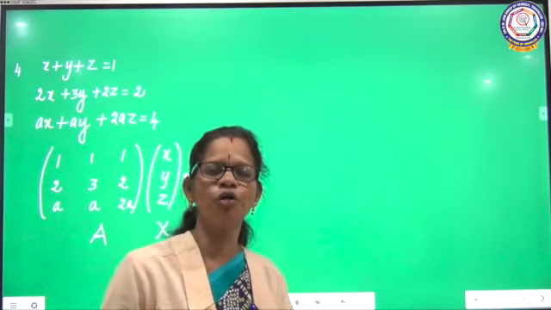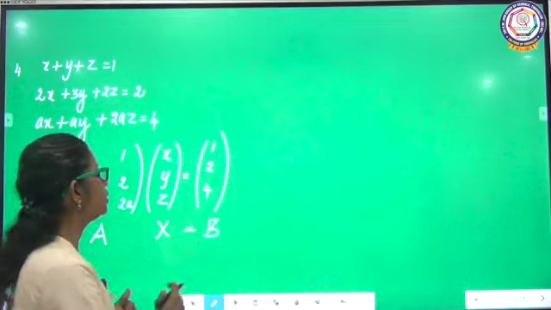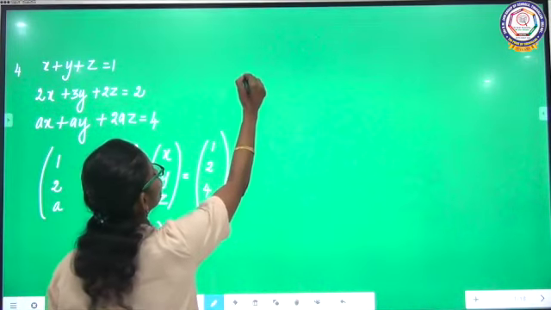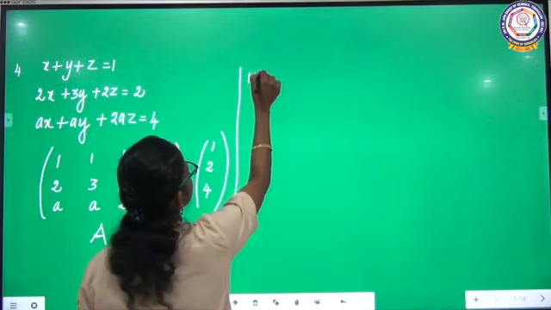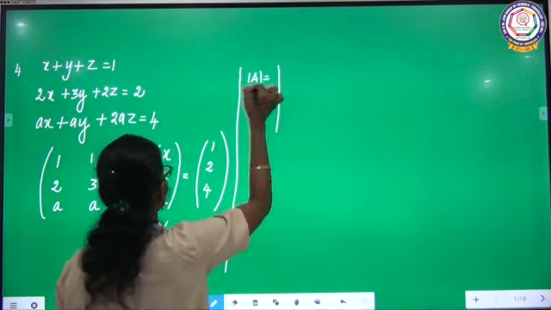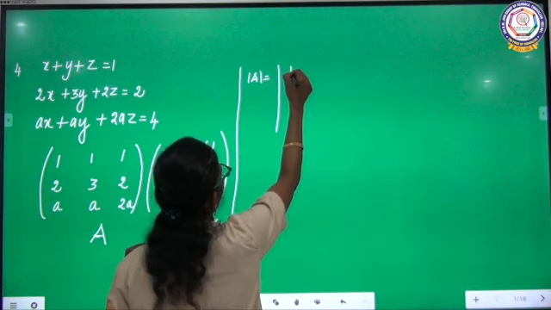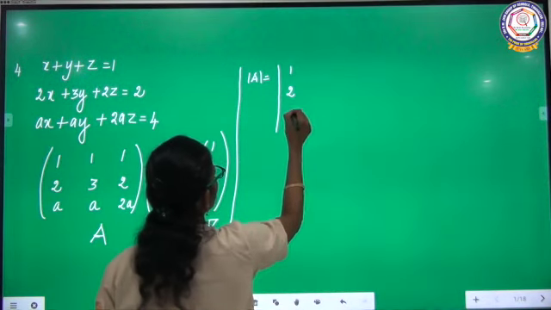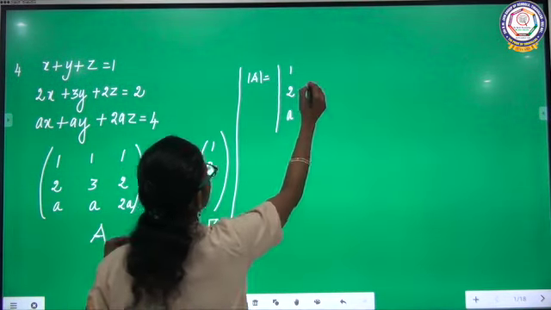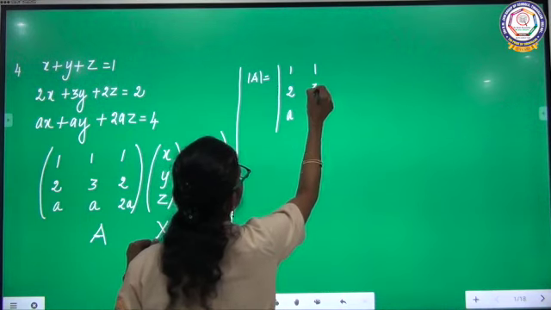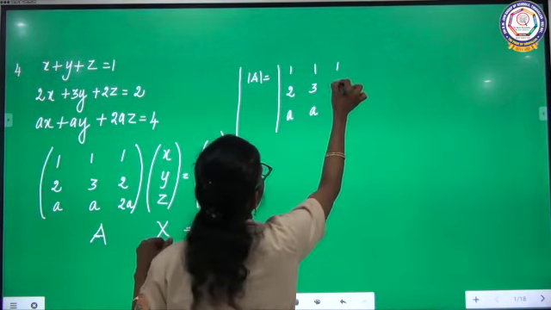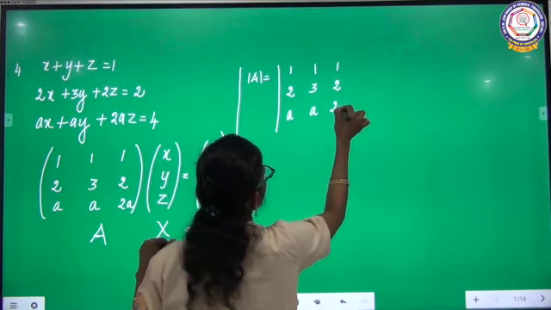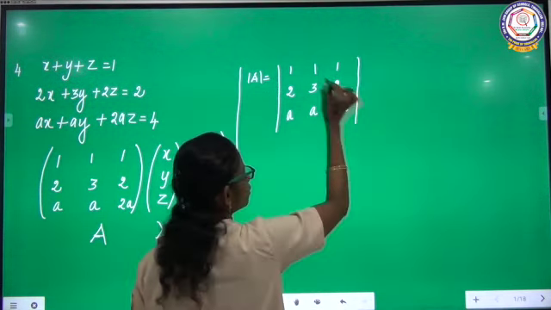Here also you want to find determinant A. Determinant A equals the determinant of 1, 1, 1; 2, 3, 2; A, A, 2A, right?